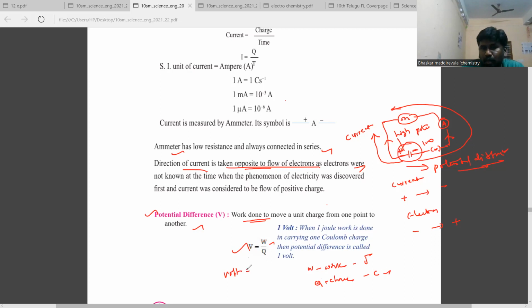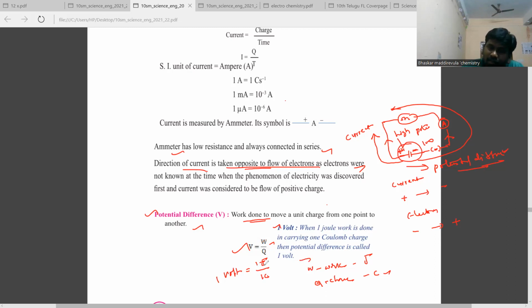So suppose the work done is 1 joule and the charge is 1 coulomb, then what is the potential difference? It equals 1 volt. When 1 joule of work is done in carrying 1 coulomb of charge, the potential difference equals 1 volt.